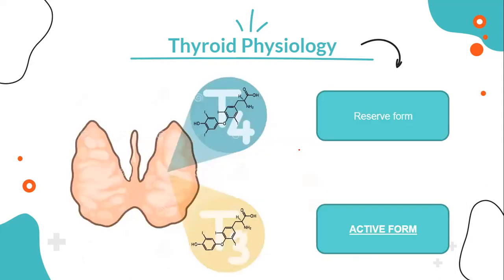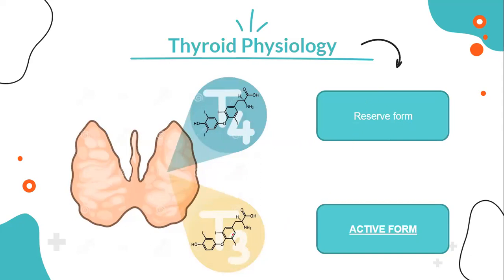Okay, so as you know, we have both forms of these hormones, T4 and T3, right? T3 is the active form, and T4 is a reserve form.